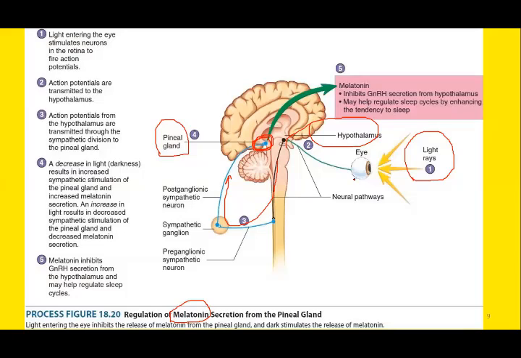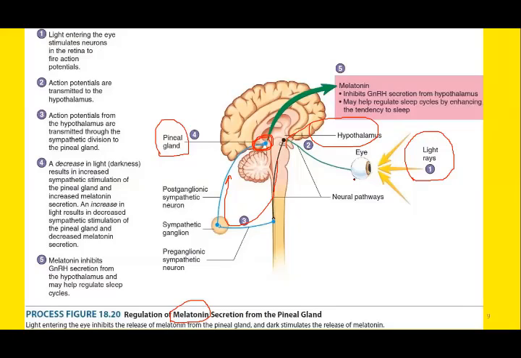So increased or decreased secretion of melatonin depends on the amount of light entering the eyes, or the amount of light entering the retina. If the amount of light is less, this will cause increased melatonin secretion. If the amount of light is greater, this will result in decreased melatonin secretion.